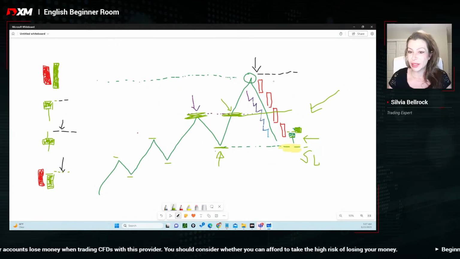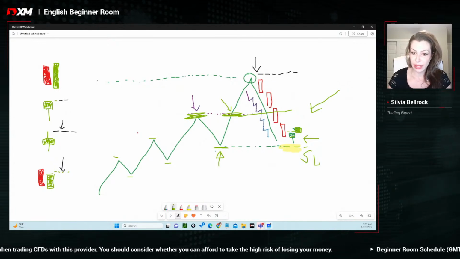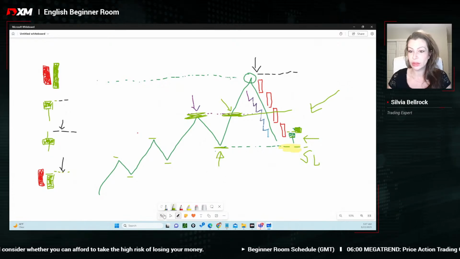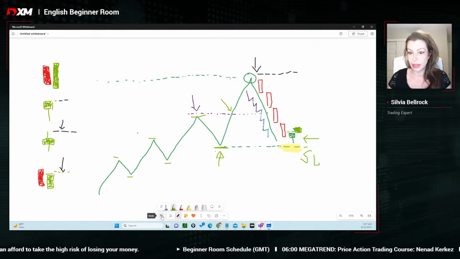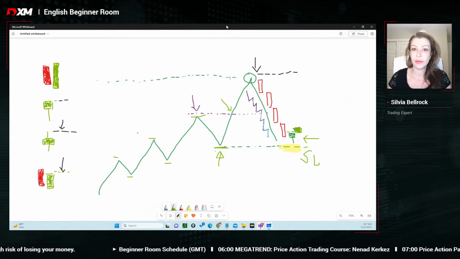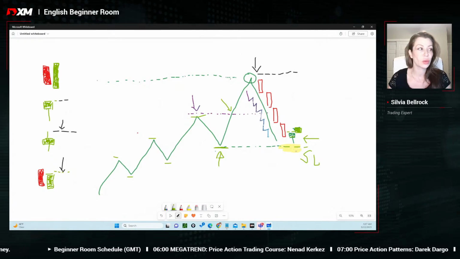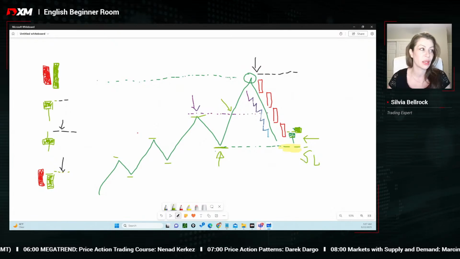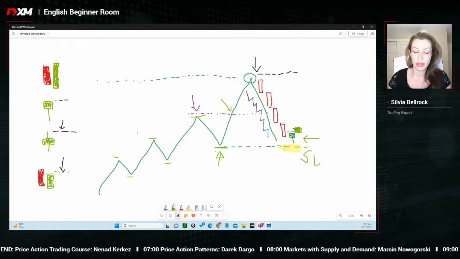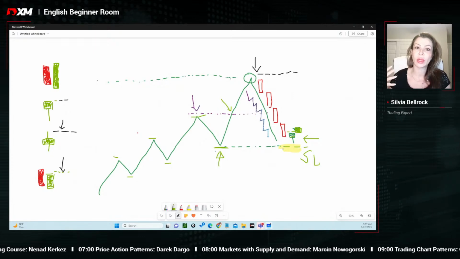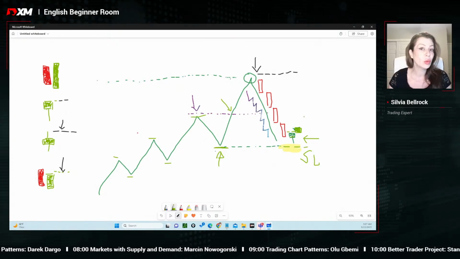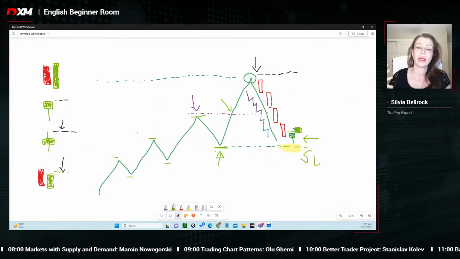So if the market stops, like in this example here, around this zone, what we're looking at in this case is, after a couple of red candlesticks, we're looking for one first green candlestick. This first green candlestick needs to be, for example, a reversal candlestick or a bullish engulfing candlestick.